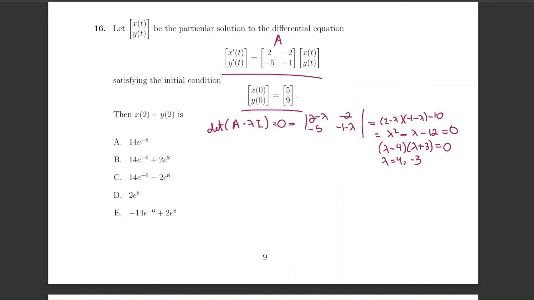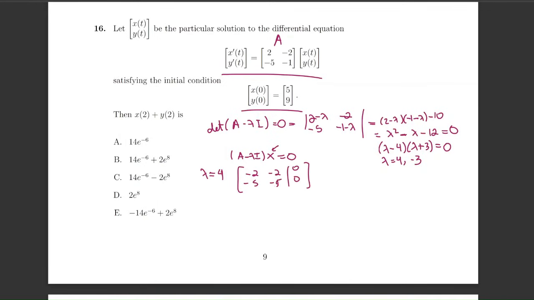Okay, now to figure out eigenvectors, we plug in our eigenvalues into the expression A minus lambda I times x equals 0. We solve for x. Okay, so now we have A minus 4I, so that's -2, -2, -5, -5, equals 0, 0.